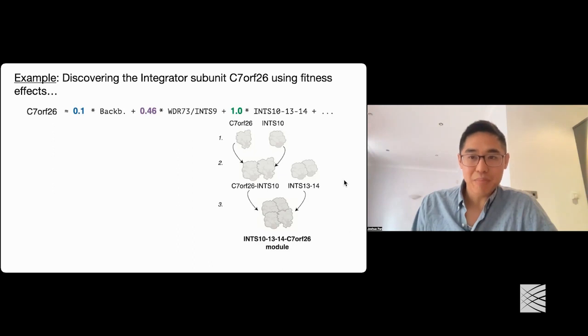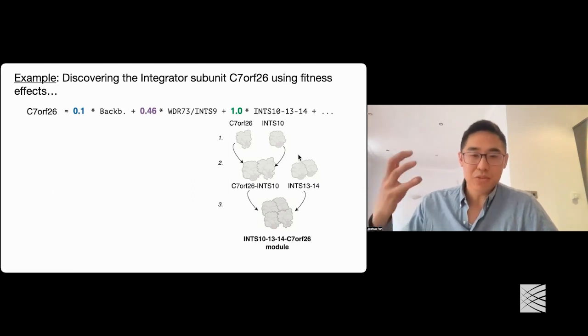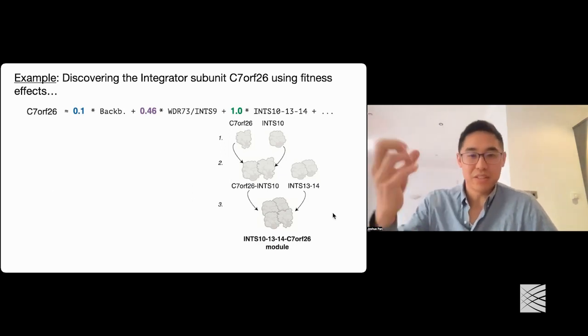And through some biochemistry in the lab done at the cancer program, we figured out that indeed this unknown protein, a human protein that's expressed in a lot of cells, but we just don't know what it does, turns out it binds this module. And so this 3 protein complex module became a 4 protein module.